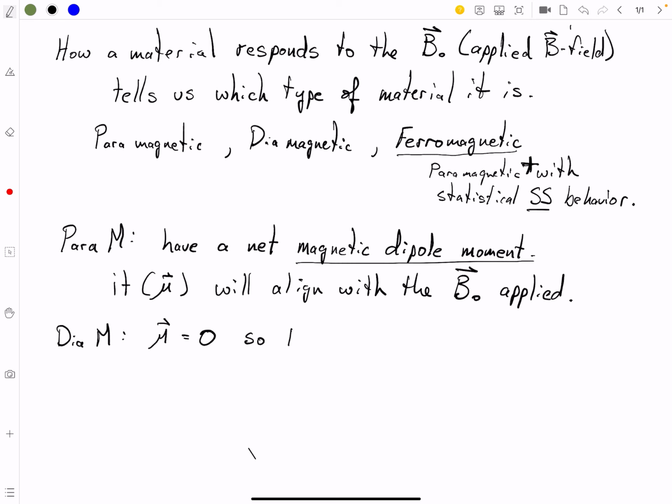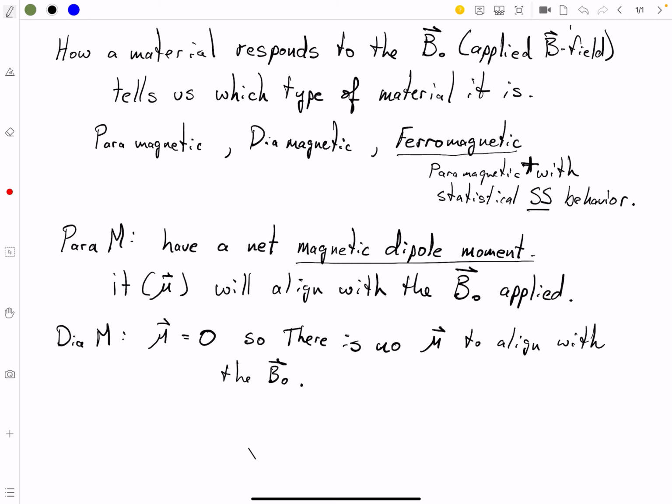So, there is no mu to align with the external B naught. Okay, so fine, there's none to align with it.